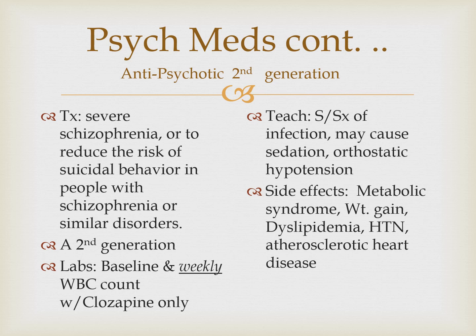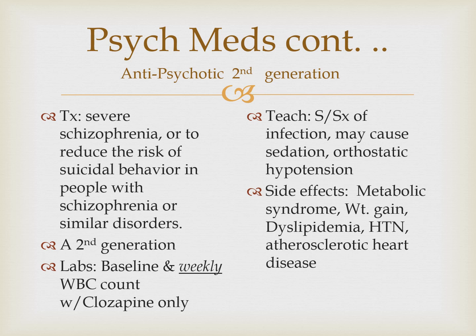Second generation psych meds are also used for severe schizophrenia. What we've noticed is with each new generation that they've developed, it decreases the incidence of that emergent need, like tardive dyskinesia and all of that. Labs should be baseline and weekly until they're stable on the right dose.